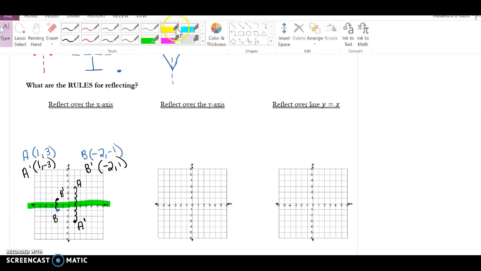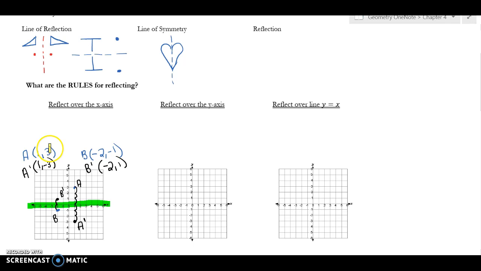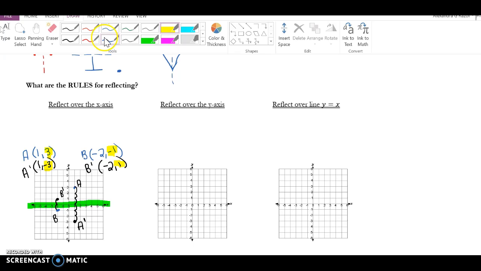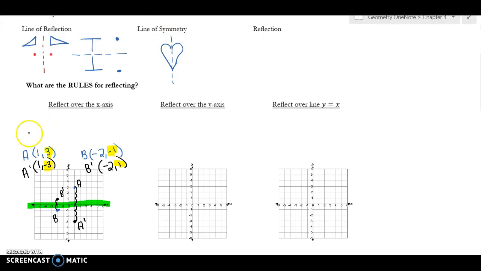If you notice what happened, the 1 stayed the same, but the 3 became a -3. And over here, the -1 became a +1. So the rule for when you reflect over the x-axis is you change the y. So whenever you reflect over the x-axis, you change the y.